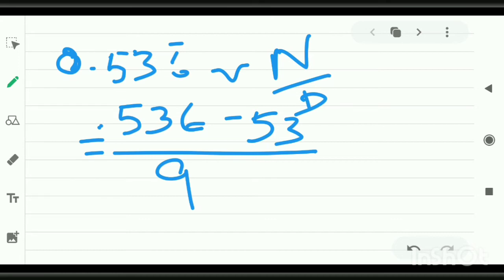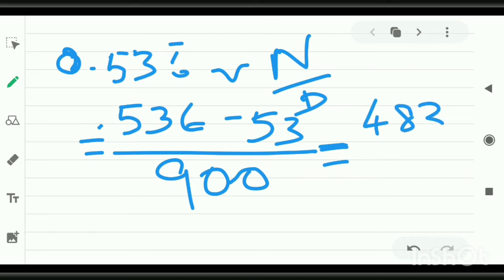Here 2 digits are non-repeating, so we write 900. Simplified, we get 483 divided by 900.